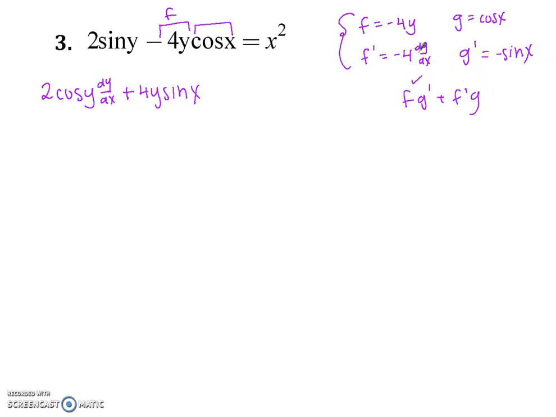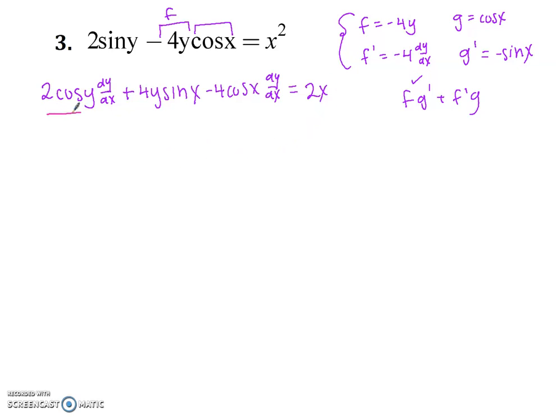Then we're going to do plus f prime times g, so that's negative 4 times cosine, so that'll be minus 4 cosine of x, and then I always just tack the dy dx onto the end. Okay, so then that's this term, and now we have to do the derivative of x squared, which is 2x.